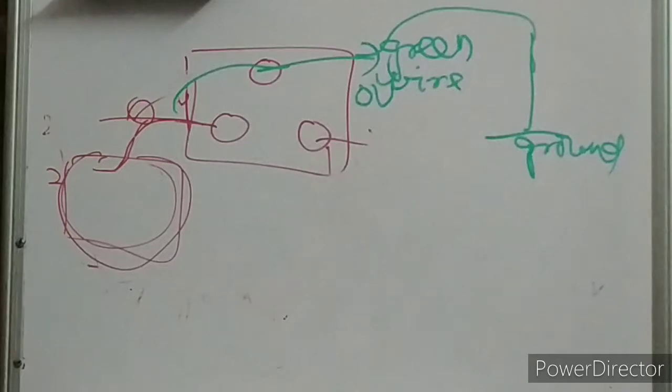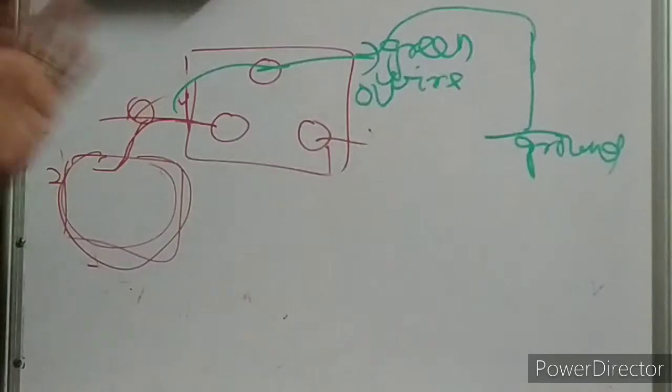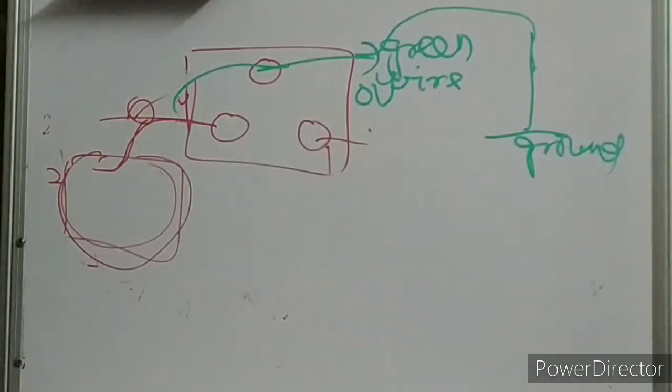So if there is any leakage, to save the user, this earthing, this green wire, is connected. Clear? I am hoping it is clear now. Then you may ask, if 3 pins are so essential, why does a mobile charger have only 2 pins, children? Then where is the third pin? How are we going to be safe?